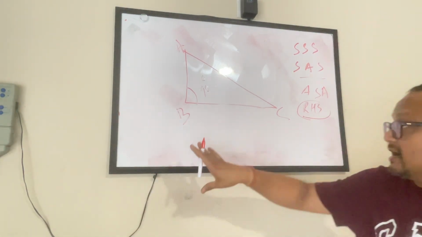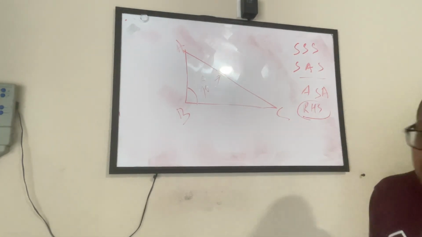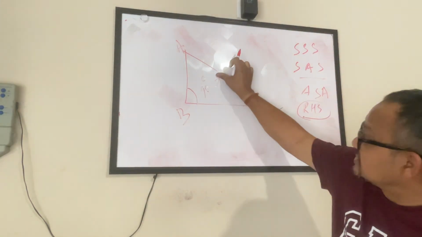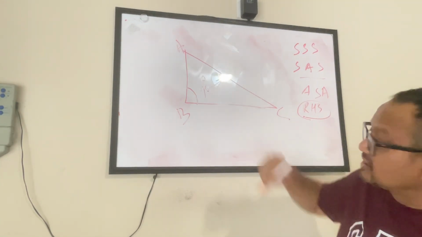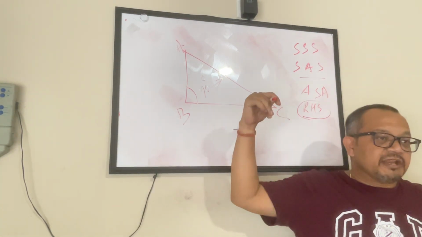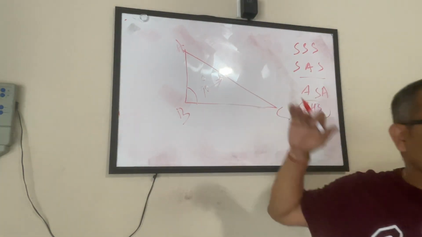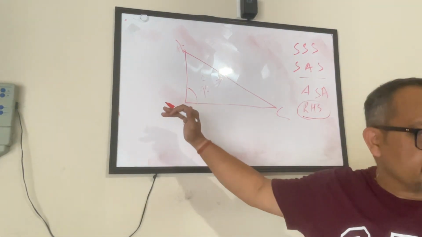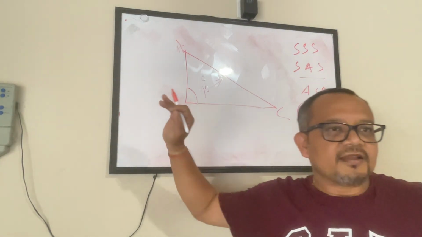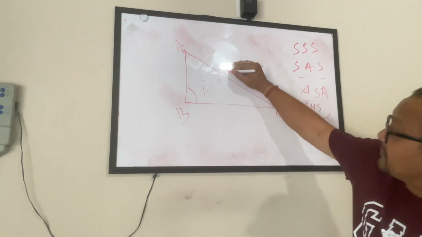Now, which one is the hypotenuse? The side that is opposite to the 90 degree angle, the right angle. The hypotenuse, which is the largest side of the triangle, is the side opposite to the 90 degrees. Everybody with me? So this is called the hypotenuse.